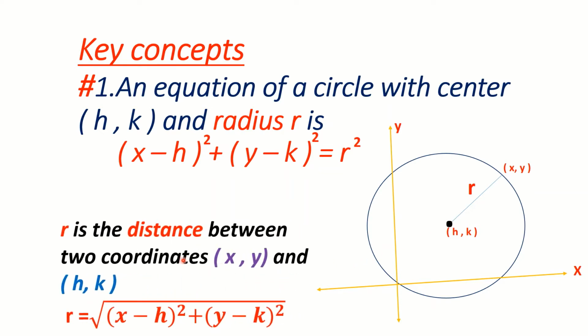So r is the distance between the two coordinates (x, y) and (h, k), so r equals the square root of (x - h)² + (y - k)², taking the square root of both sides of this equation. R is the distance between the point on the circle and the center of the circle.